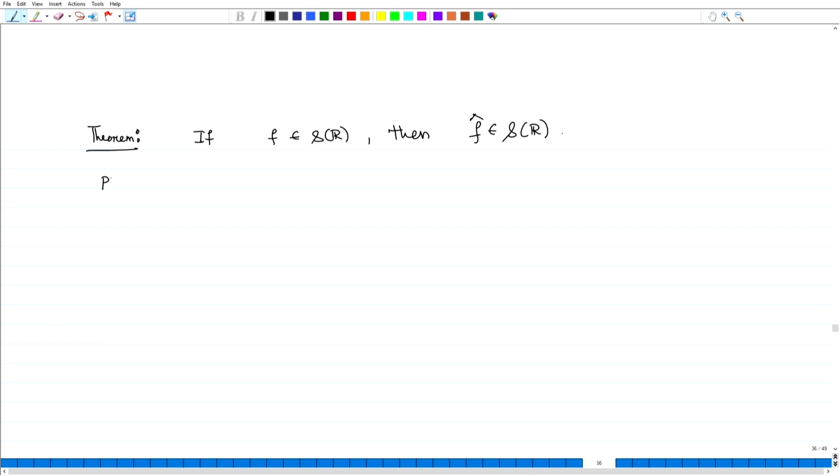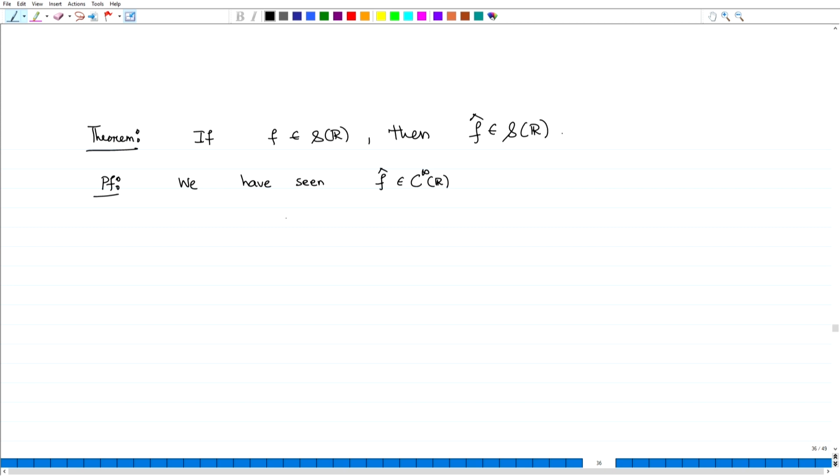For the proof of this, we have seen that f hat belongs to C infinity of R. So, that is the first condition of the Schwartz space that is satisfied.